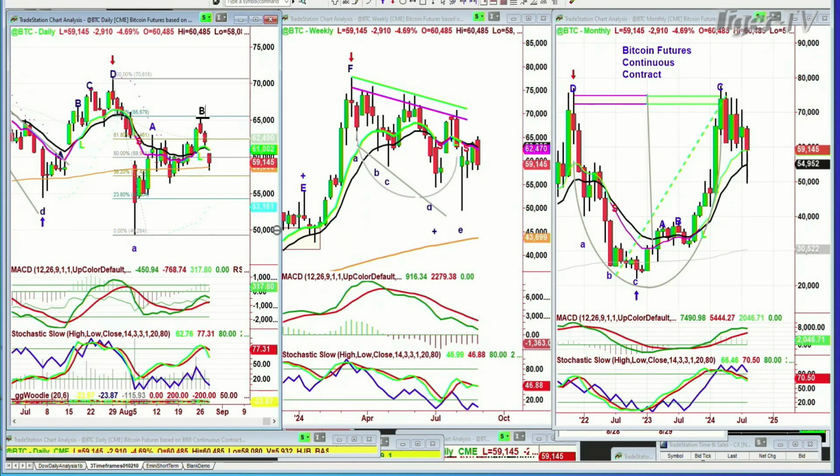I'm also looking at the pattern that says until it starts to trade strongly, and I mean for a couple of days in the 67,000 area, it's just kind of stuck in the range. It could be making lower lows and lower highs. I don't see anything right now.